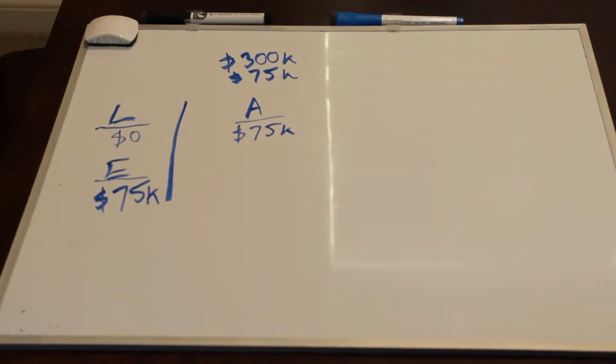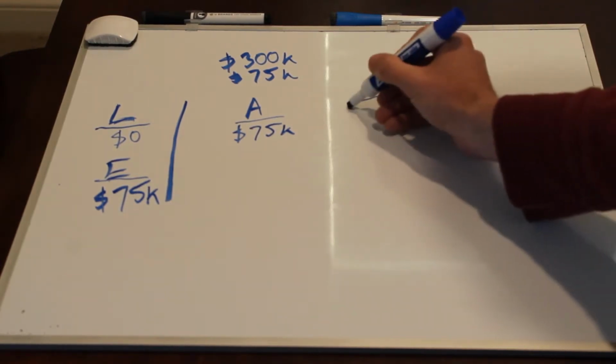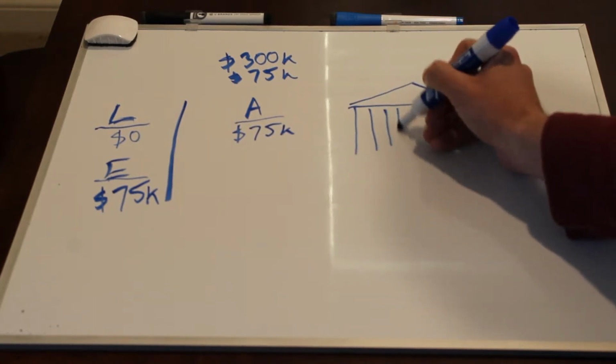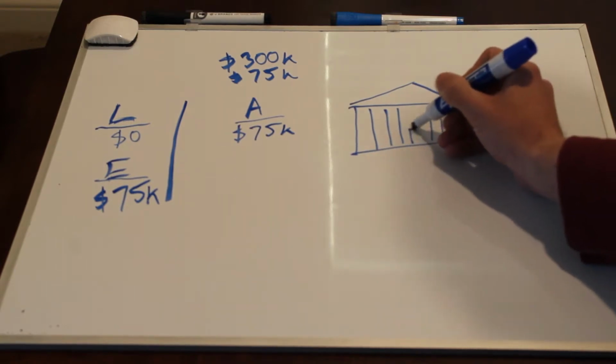Now you want to go to the bank and get a loan, because this house is $300,000 and you only have $75,000 in cash. So let's draw the bank here. Nice blue bank. This is going to be the entrance here.